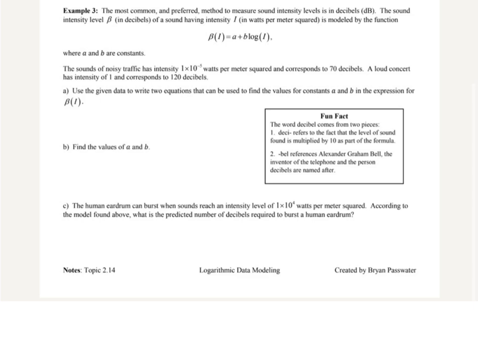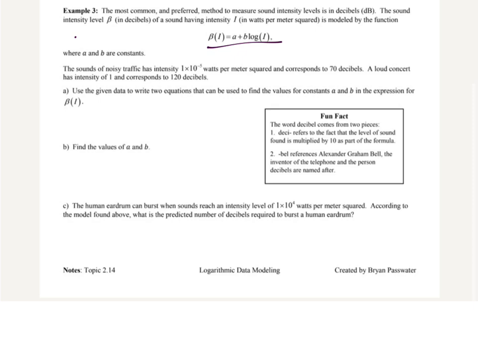Anyways, the sound intensity level beta in decibels of a sound having intensity I is modeled by this function. I actually teach this in physics. It's kind of the loudness factor, the intensity.